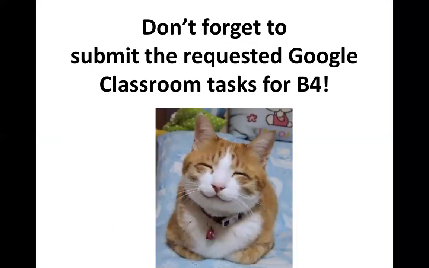Don't forget to submit what's requested for the task called B4. If you didn't read it in the week at a glance, we will be numbering tasks instead of calling them lessons. Unit 2 will all start with B, and this is the 4th task of Unit 2, forces.